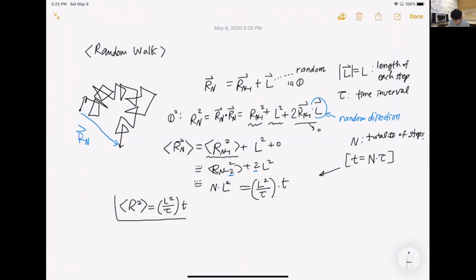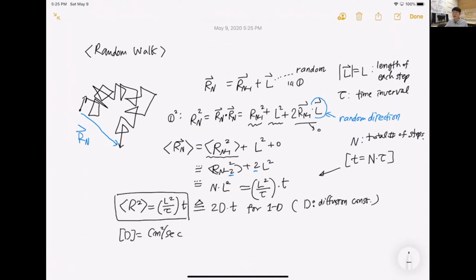So we define this L squared over tau as 2D, and t for one dimension, where D is the diffusion constant. I'll explain why we introduced 2 here. The unit of the diffusion constant is centimeter squared per second, and typically that's how we use it.